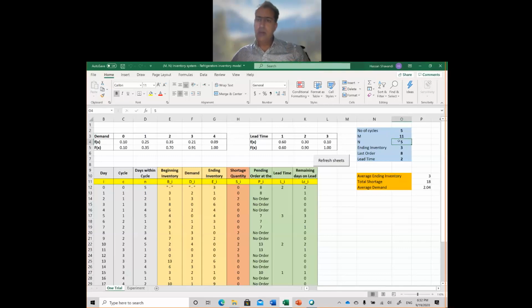We can change these values. We can increase or decrease M, we can increase or decrease N, and we'll see what the impact is on our performance measures. By doing so, we can optimize our decision for M and N.